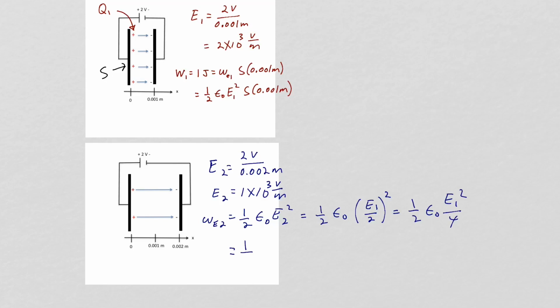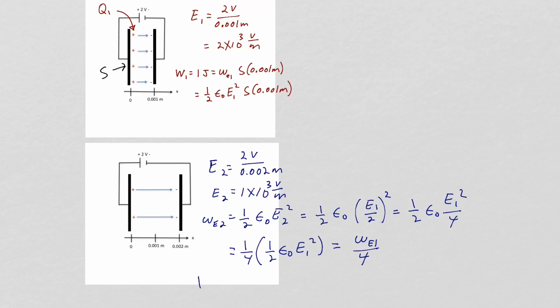So that's 1/4 times 1/2 epsilon sub 0 times E sub 1 squared. So the energy density now has dropped to 1/4 of the energy density we had when the plate separation was just 0.001 meters.